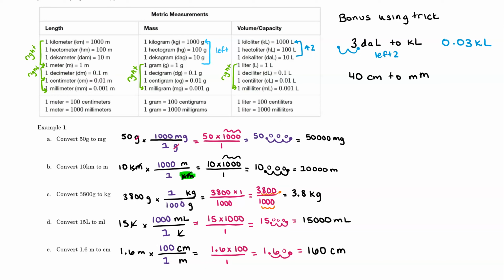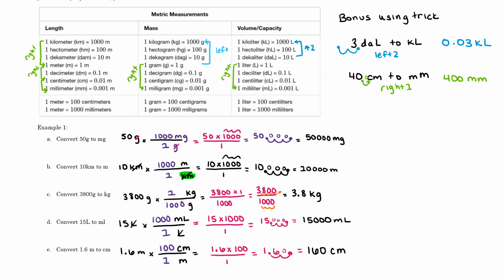So when you move down, I'm going to have to go right 2. Or sorry, right 1, because I'm only moving 1 space down. So I would take this decimal and I would move it 1 to the right. So that would give me 400 millimeters. So anytime you're moving up the chart, you move your decimal left. Anytime you're moving down the chart, you move your decimal right.